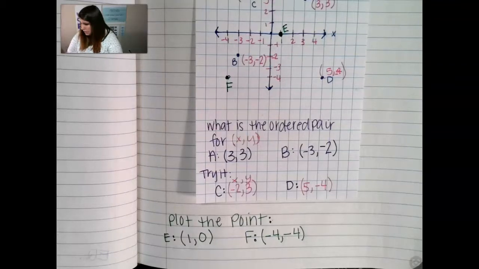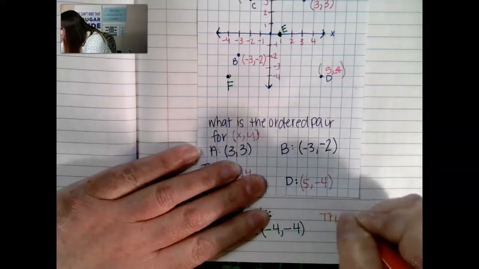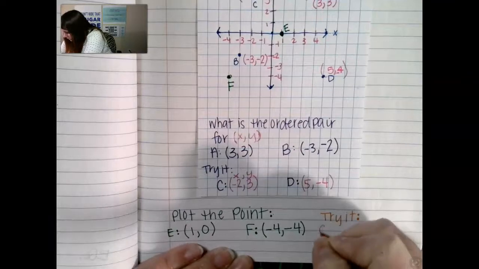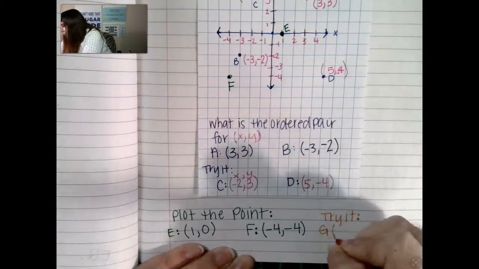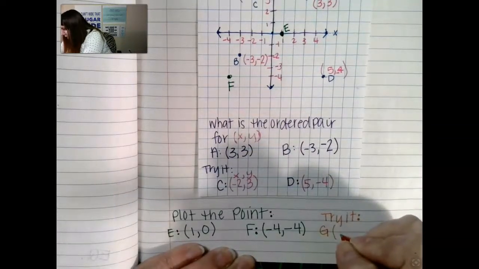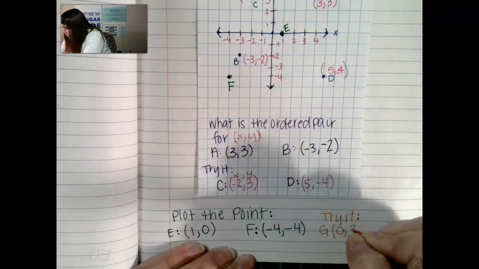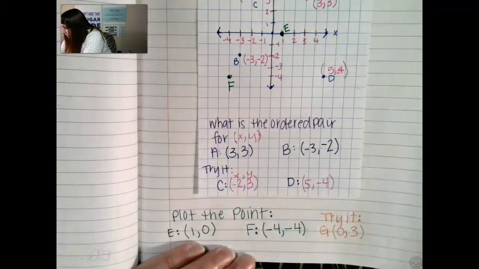Let's use a different color so that you can see it on the graph. So your try it. I would like for you to please plot the points. Let's do G. And this one is going to be 0, 3. So 0, positive 3.